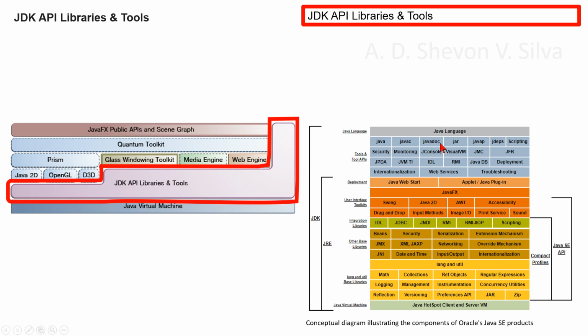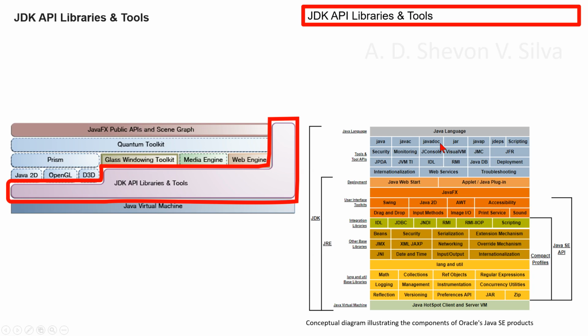javadoc. The javadoc tool parses the declarations and documentation comments in a set of source files and produces a set of HTML pages describing the classes, interfaces, constructors, methods, and fields. You can use a Java doclet to customize javadoc output.